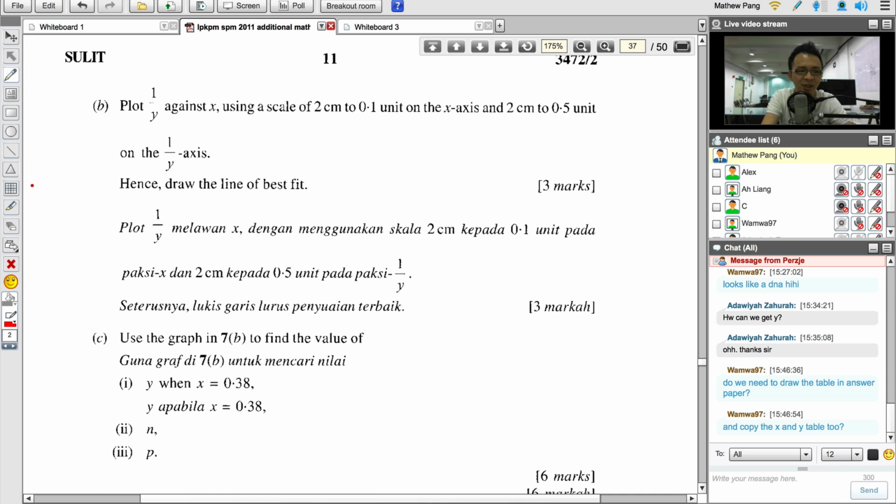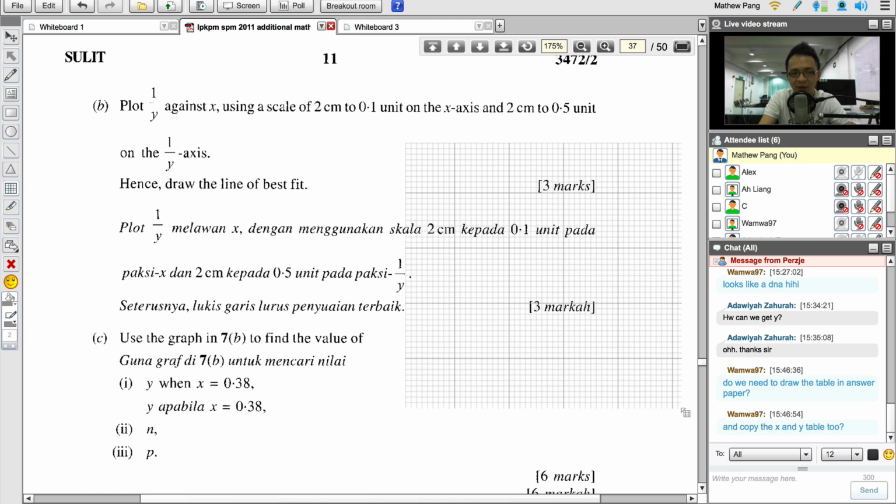I have some graph paper here, but I don't think I can open it that big. So let me just randomly open this one. So your graph paper, you have something like this. 2 cm for 1 unit, so what does 0.1 unit mean? Let's say this is my y and this is my x.